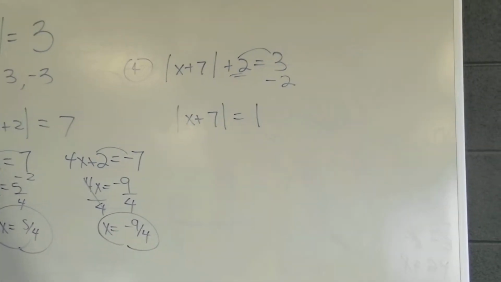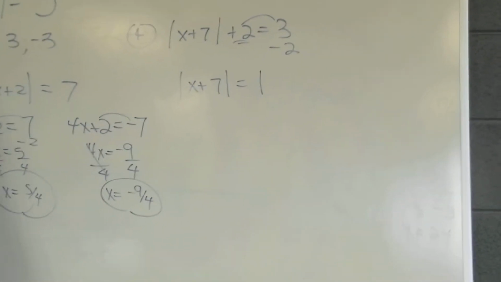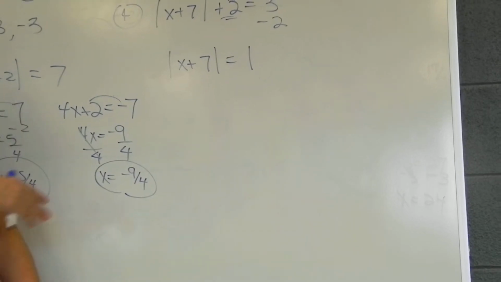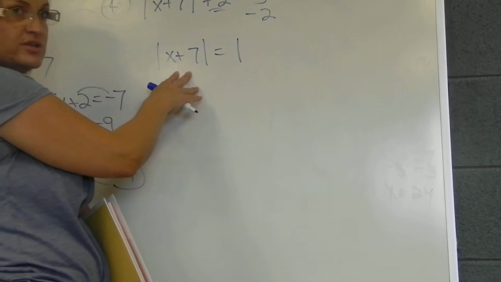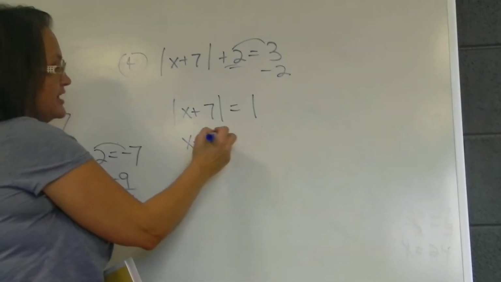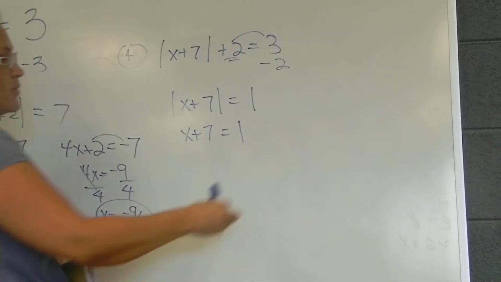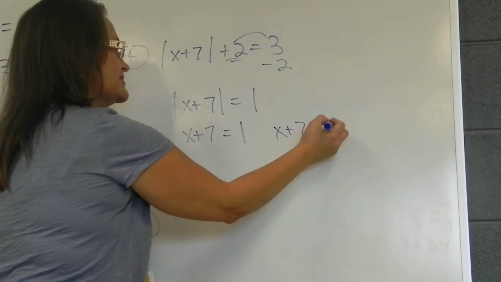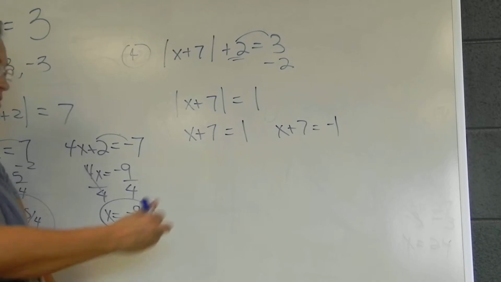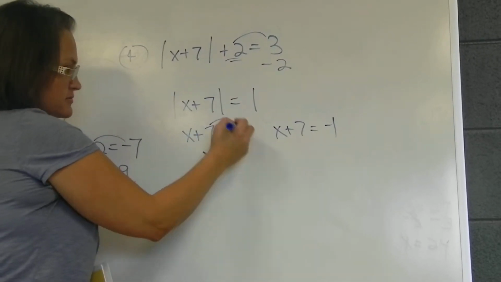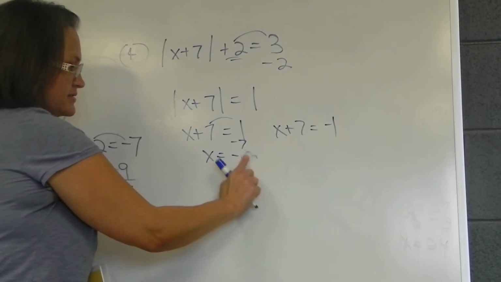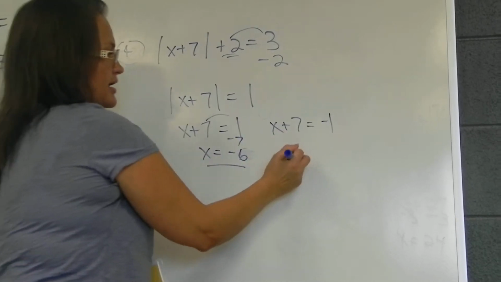Make sure you do that. You'll get one answer right and one answer wrong if you don't isolate first. So you must do this to get it right completely. So then you say what makes that 1, what makes that negative 1, and then solve and get negative 6, and negative 8.